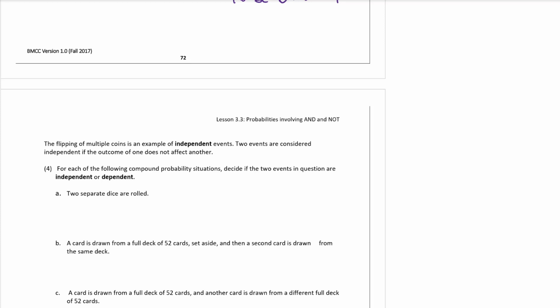So now the time has come to define what it means to be independent. Two events are considered independent if the outcome of one does not affect the other. So the way you can understand this is like this.